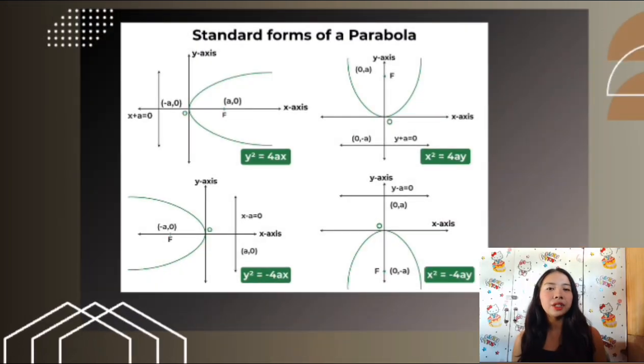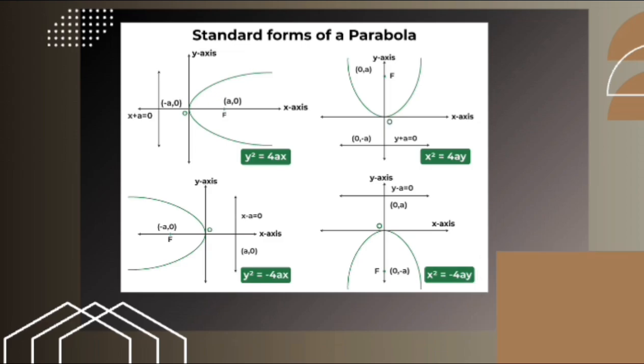These slides show you the different orientations a parabola can have on the coordinate plane and the standard equations that go with each orientation. On the top right, we have x squared equals 4ay. This parabola opens upwards. On the bottom right, it is x squared equals negative 4ay.